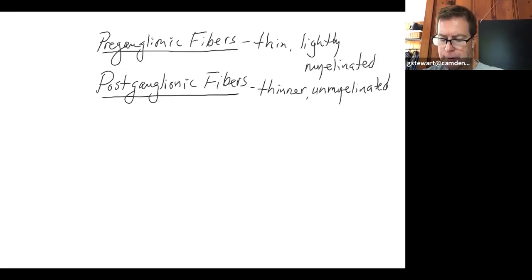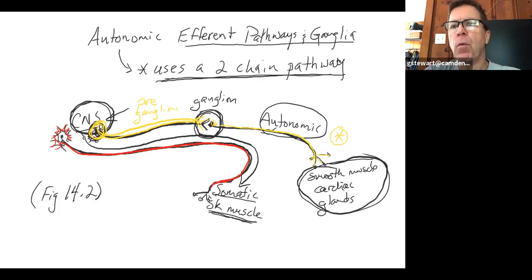So that tells us something about them. So we know that, we go back real fast to my pathway picture. So what we just said is these preganglionic fibers are typically thin and lightly myelinated. And these postganglionic fibers are even thinner and completely unmyelinated.